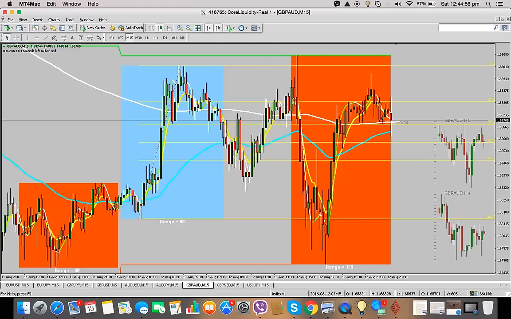But I personally don't. It's more risky that way. So anyway, I'd wait for the market to bounce off here somewhere. Now, what I'm looking for is possibly candlestick patterns, some sort of confirmation that the market has confirmed its bounce. Now, I don't see anything in particular that says this is the confirmation.